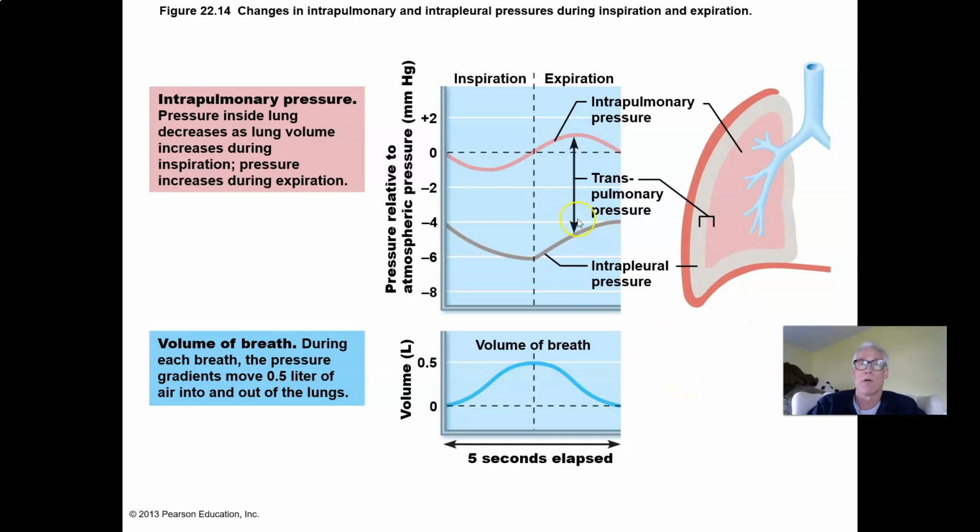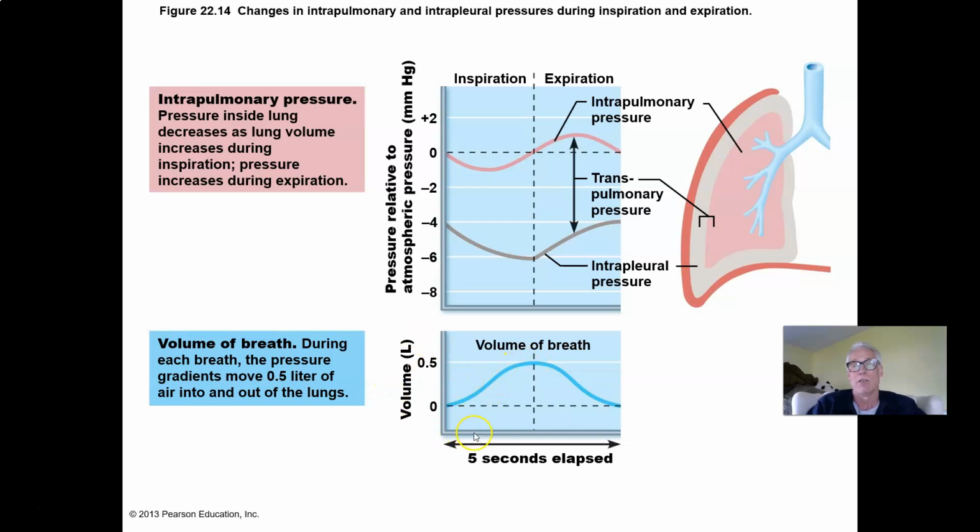This diagram is just showing us graphically what's happening to the pressure inside the lungs, the intrapulmonary pressure as we inspire and expire, right? So this is the pressure inside the lungs. As we inspire, we increase the volume, which causes the pressure to go down, and air rushes in. We can see what's happening to the volume. Air is coming in.